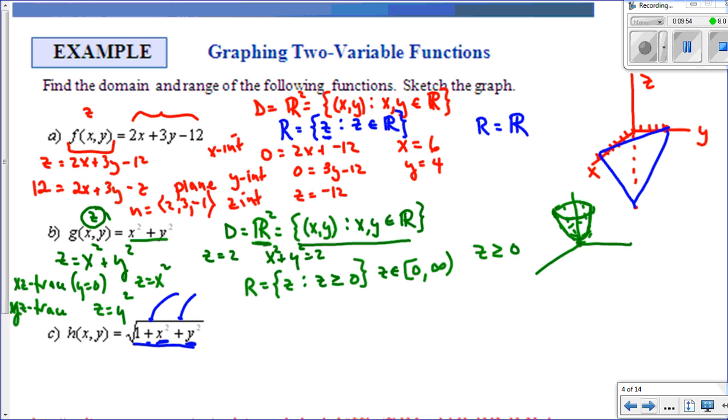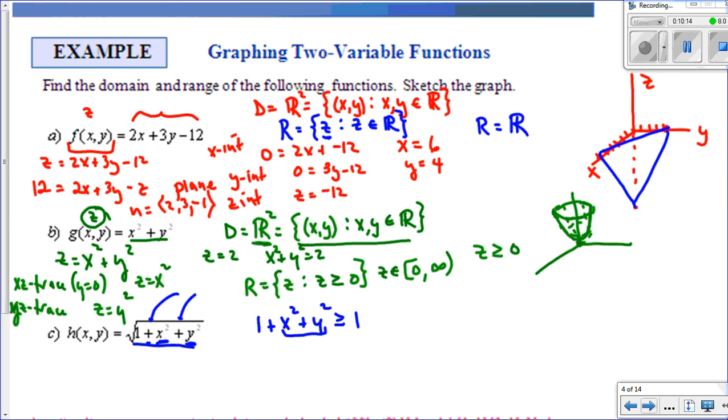So no matter what values you put in for x and y, 1 plus x squared plus y squared is always going to be greater than or equal to 0. It's always going to be a positive number, so we can take the square root. Actually, it's always greater than or equal to 1. The smallest this could ever be would be 1 when x and y are both 0.